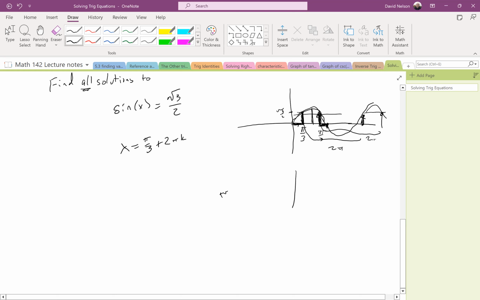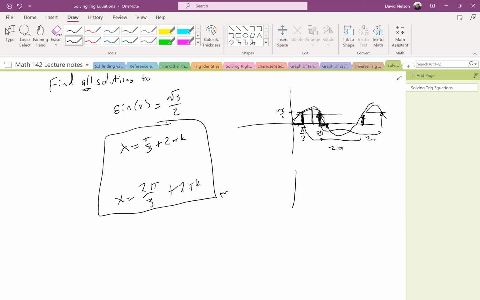So I want to subtract pi over 3 from pi, and I'll get 2 pi over 3 plus 2 pi k. Both of these together make up all of my solutions. If you look at any possible value for k, we should get all of our solutions. Okay, so that's some basic values.